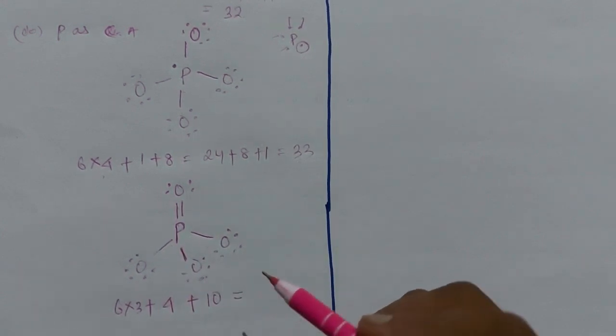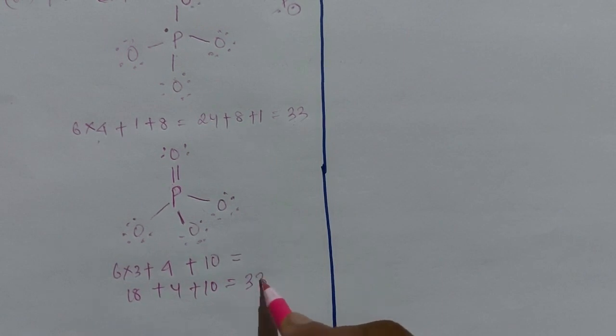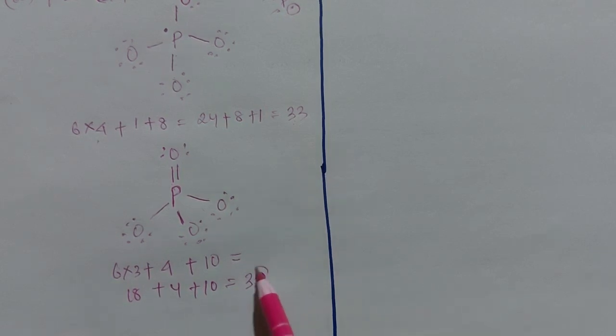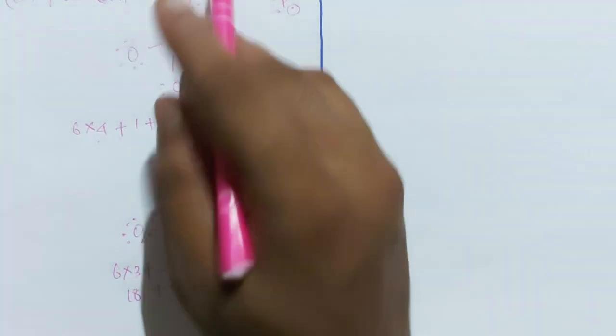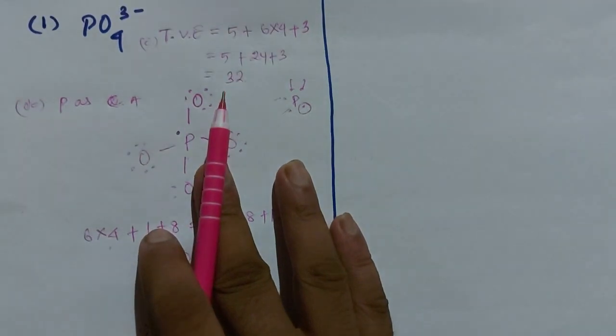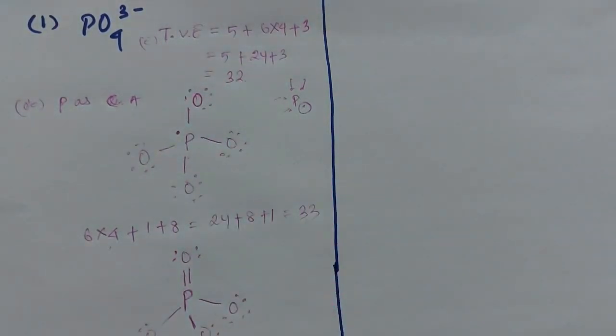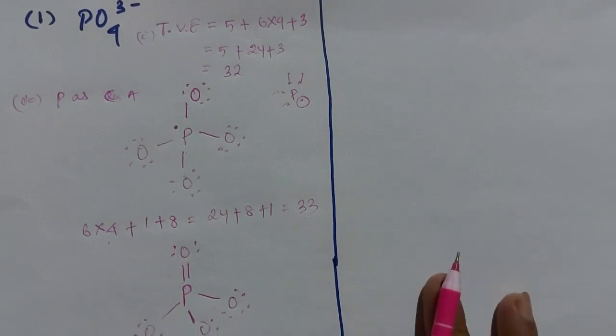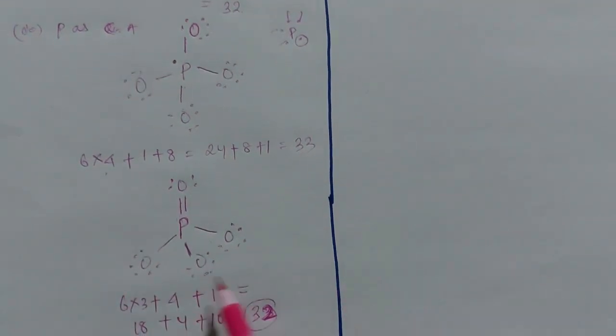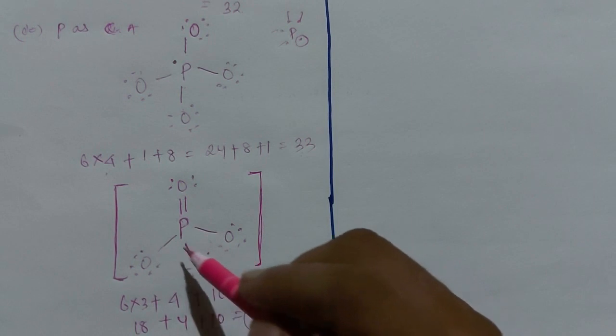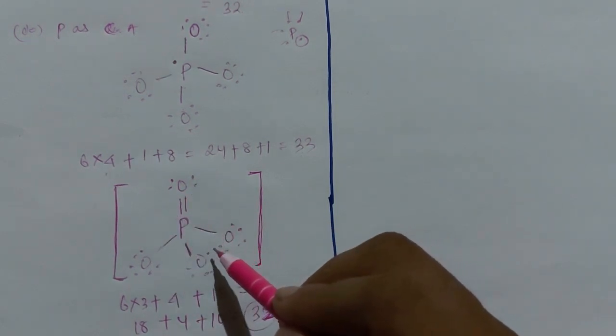So 18 plus 4 plus 10 is equal to 32. This 32 is equal to the total valence electrons we calculated, that is 32. So it matches, and whatever structure we get when it matches will be the final structure.